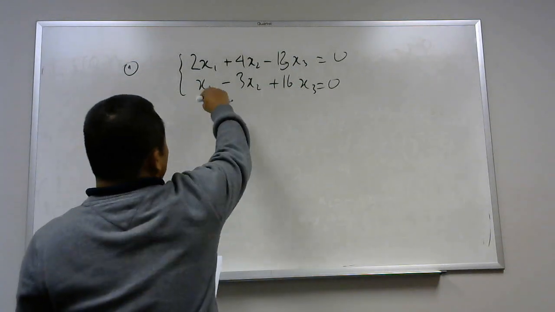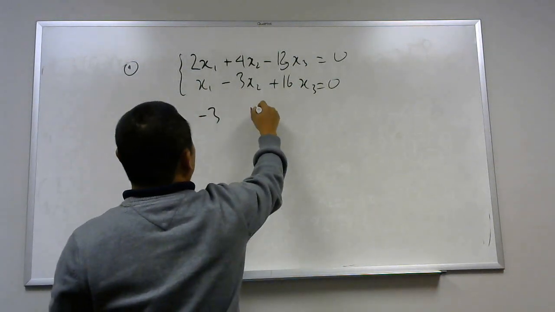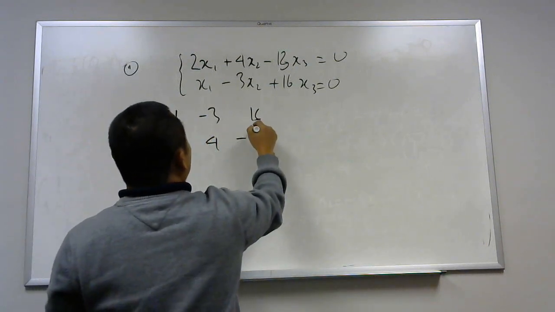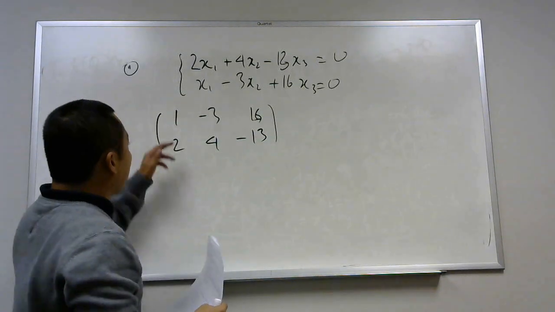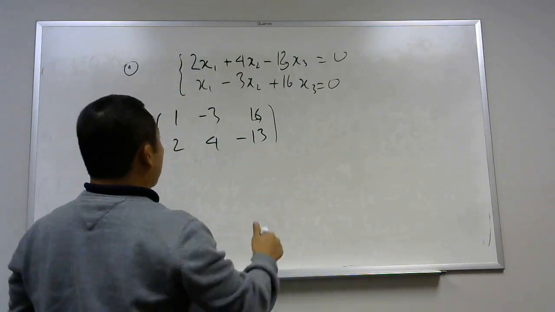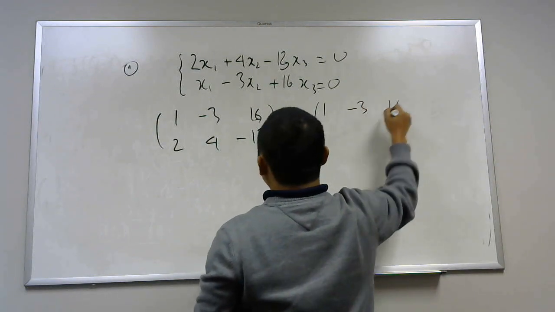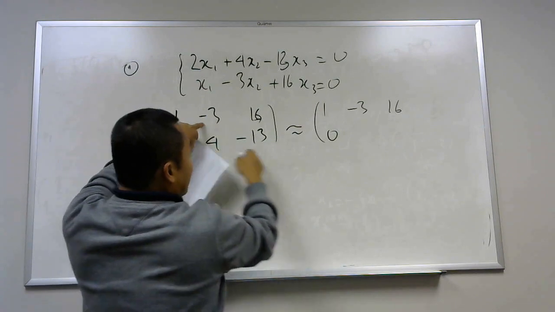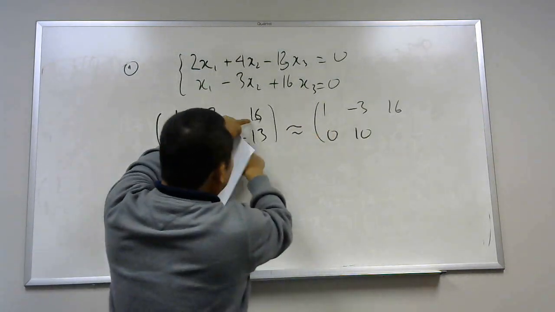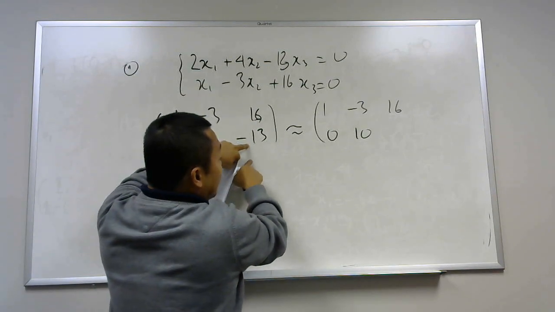I would say I can interchange the first and second equation: 1, -3, 16, and then 2, 4, -13, right? I multiply the first row by -2 and add to the second. I will get the following: 1, -3, 16, and then 0 in here. -2 times -3 is 6, 6 plus 4 is 10. -2 times 16 is -32, add to this.